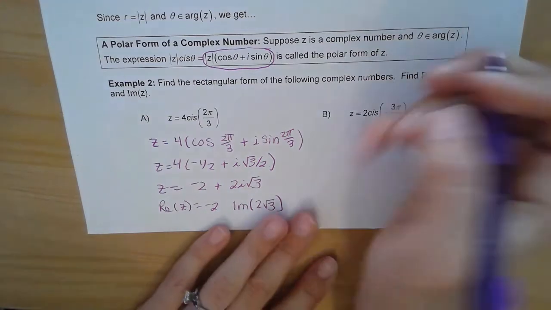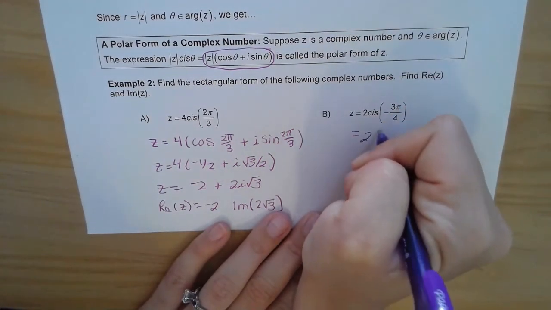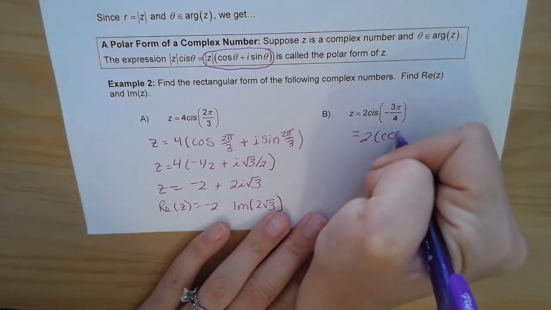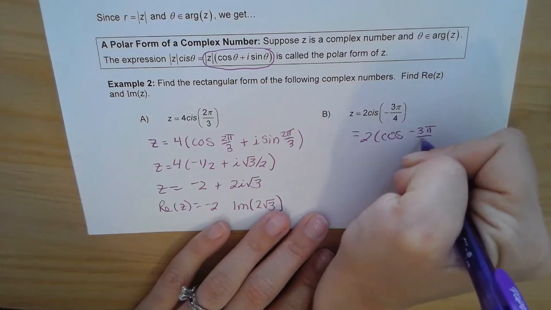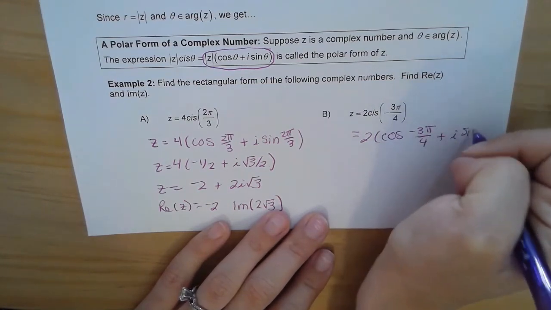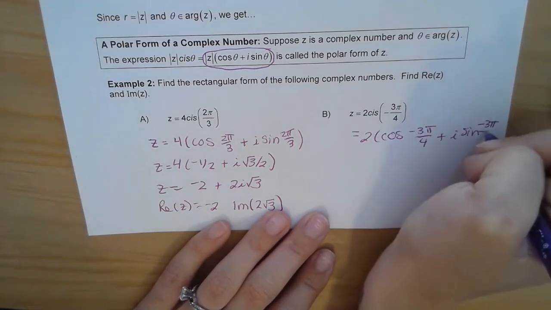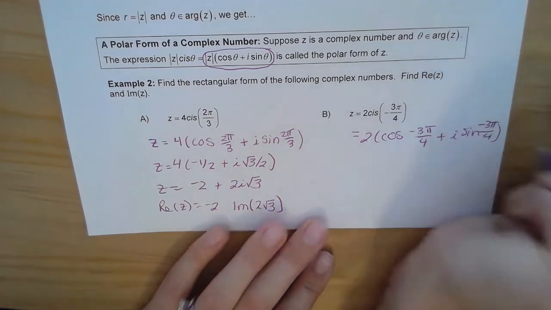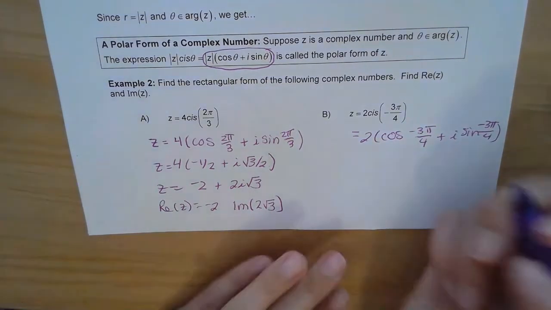So in b, this is saying that 2 times cosine of negative 3 pi over 4 plus i sine of negative 3 pi over 4. Do your unit circle, all that stuff, distribute out that 2.